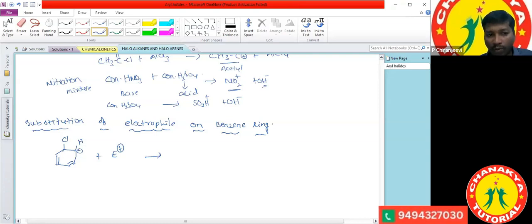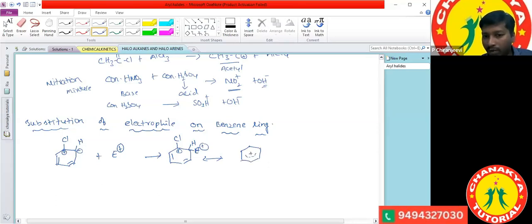Now this carbon has the positive charge after attachment of the electrophile. This positive charge is delocalized on all the carbon atoms, and it forms a sigma complex.